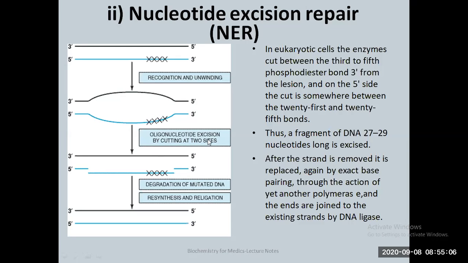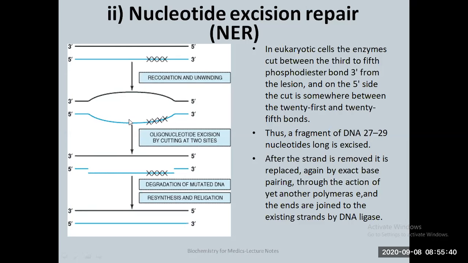Then the oligonucleotide is excised by cutting at 2 sites. You see here, this is the normal one, right? So there's nothing wrong with it. This one, we have a damaged part. So the nucleotide excision repair system cuts by using enzymes. It cuts at 2 sites, one before the damage and one after. Same here, a loop is formed, right?